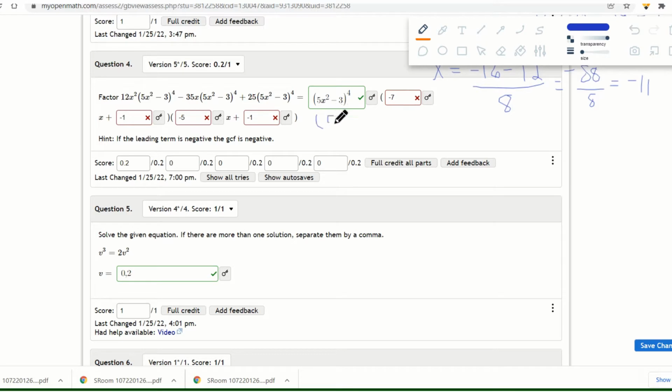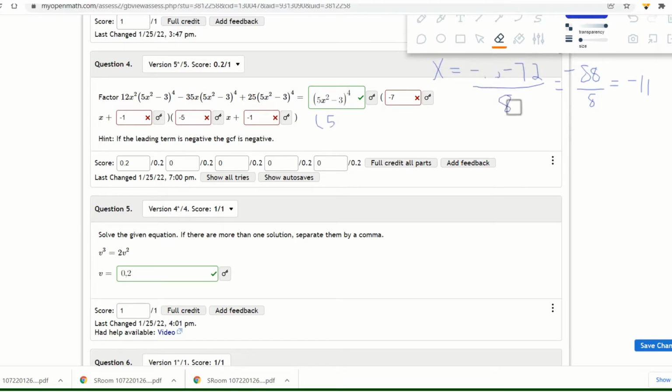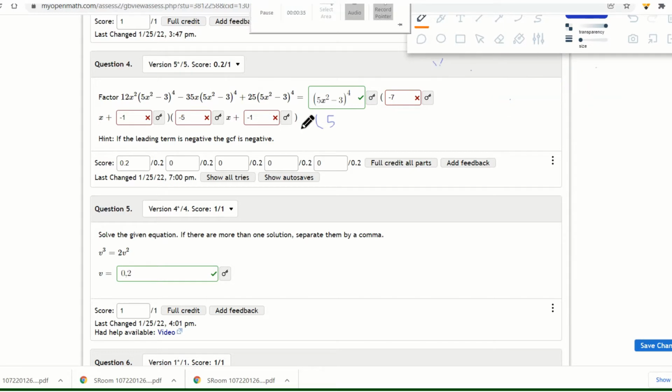So we're pulling out this 5x squared minus 3 to the 4th, since it's common to every single one of these terms here. So we can think of this as being pulled to the front. It's no longer in there.